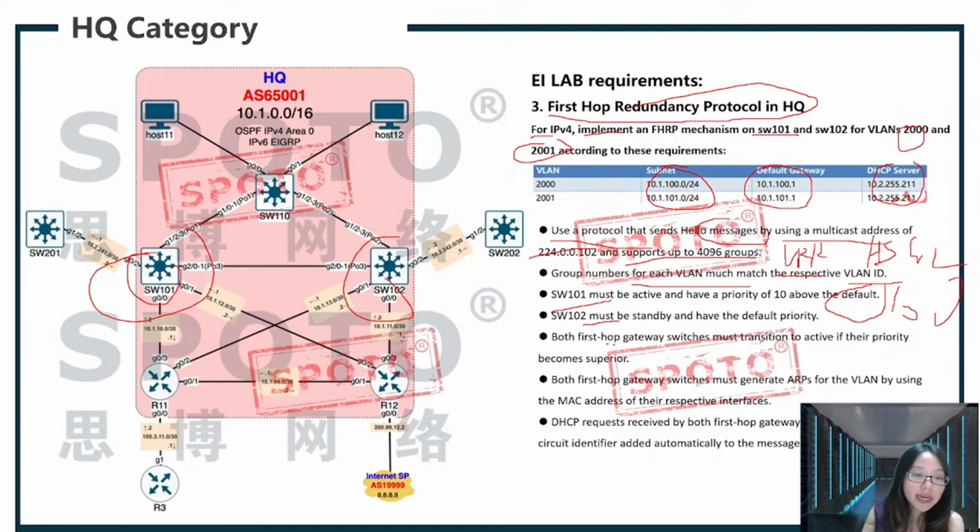Both first hop gateway switches must transition to active if their priority becomes superior. Both first hop gateway switches must generate ARP for the VLAN by using the MAC address of their respective interface. DHCP requests received by both first hop gateway switches must have the circuit identifier added automatically to the message.